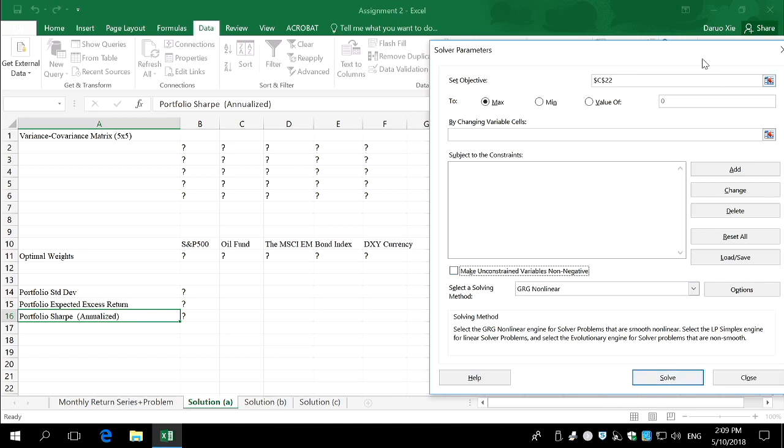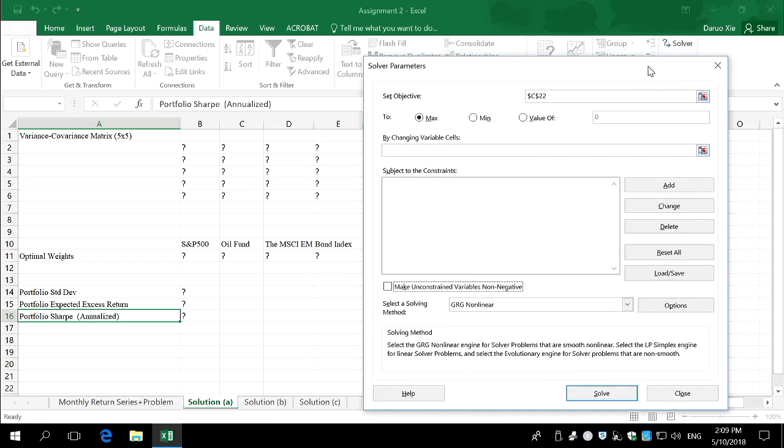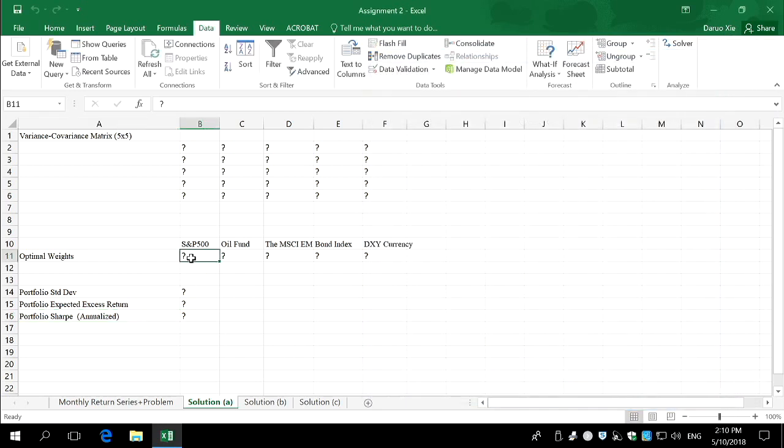Of course, to use Solver, you have to put in some initial values. You cannot just leave all those weights blank and let Excel do the job for you. My suggestion is, first of all, maybe you can just put in equal weights: 0.2, 0.2, 0.2, and so on.